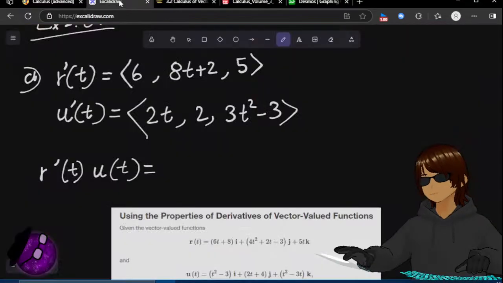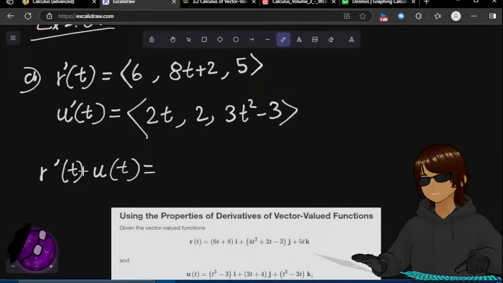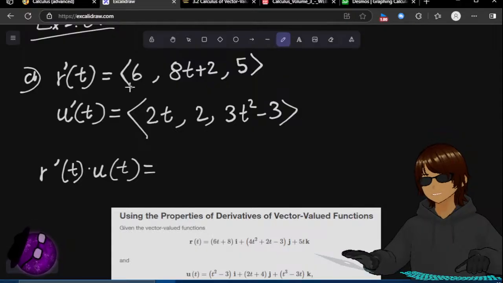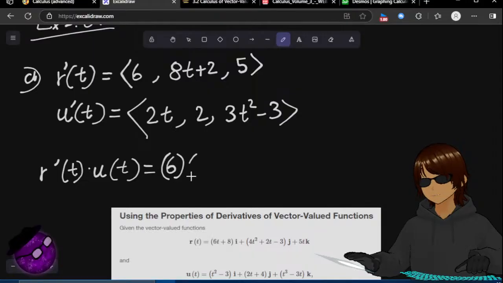Yeah, I was here. So derivative of this dot product. Okay, 6t plus 8. So with dot product, we just multiply them component wise, right? So 2t times 6t plus 8. Or no, sorry. It's 6 times t squared minus 3.